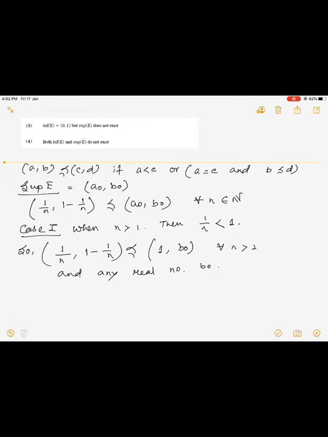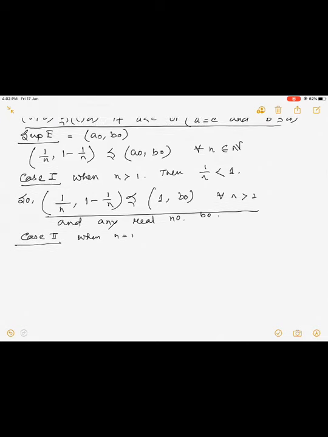Whatever may be the value of B0, since 1/n is strictly less than 1 and by the definition of this relation, this holds for all n greater than 1. So the supremum is somewhat like (1, B0) for any real number B0. We now consider case 2.